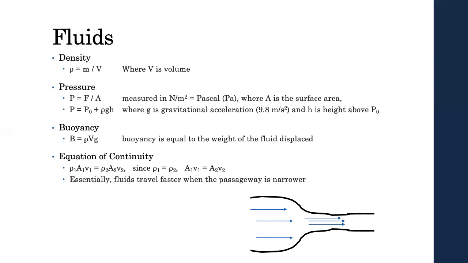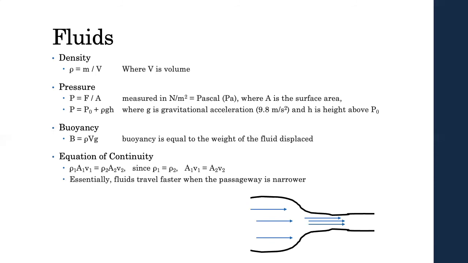The density of a fluid multiplied by the area through which it travels, multiplied by its speed, is constant, no matter how you change the area.